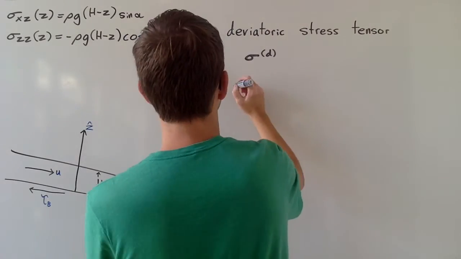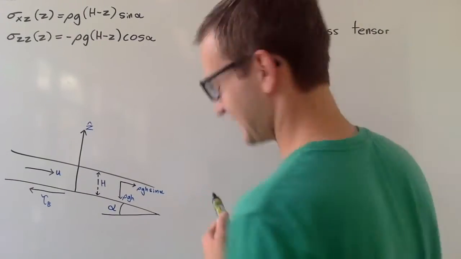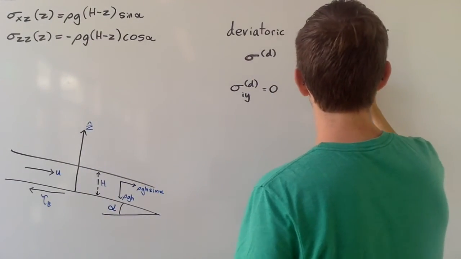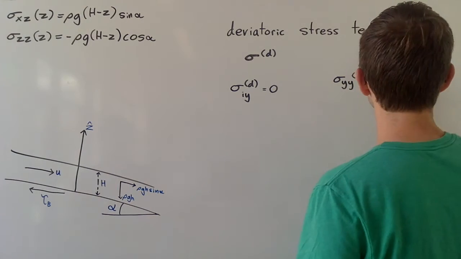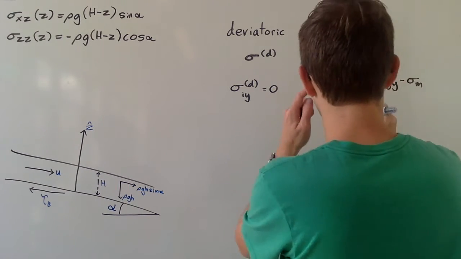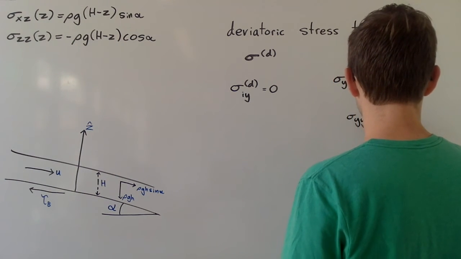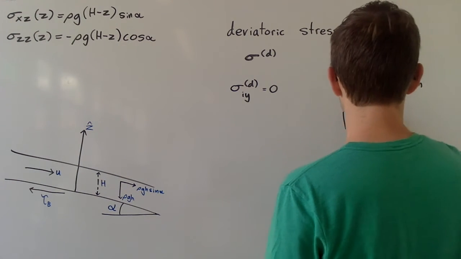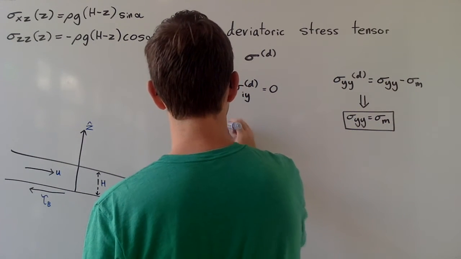Now that I've changed my shirt color, it's time to talk about the deviatoric stress tensor. We talked earlier about how the deviatoric stress tensor does not take into account hydrostatic pressures. Here, from our plane strain condition, we know that sigma iyD, any component involving y of the deviatoric stress tensor, is 0.